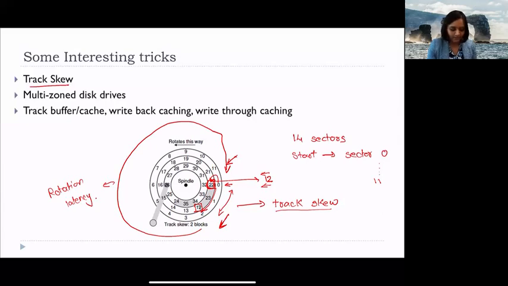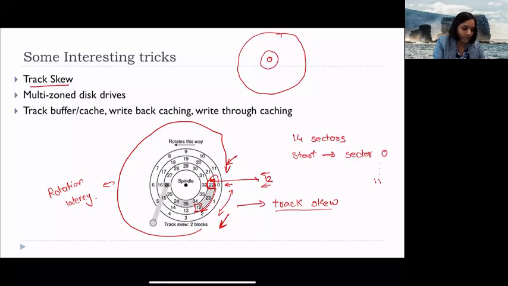But does that sound practical, having the same number of sectors in all the tracks? Well, hard disks are in the shape of a circle, right? So definitely the sectors that we can accommodate in the innermost track could be less than the sectors that we can accommodate in the outermost track.